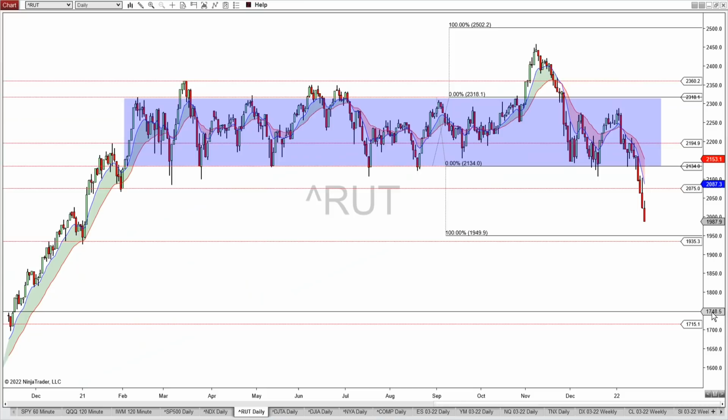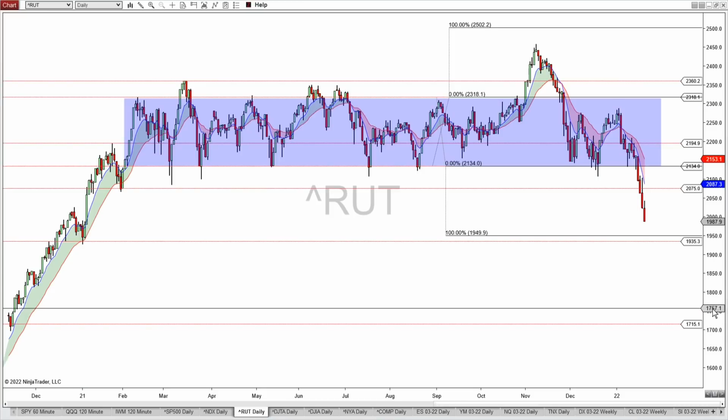And here looking at the Russell 2000, remember we're saying that if it could not bounce back up and take out this 2195 and breaks below this 2134, then we wouldn't even bother to look at this 2075. We're essentially looking at this range extension retracement down at this 1930, at this 1950 level here, and possibly move down to this 1935.